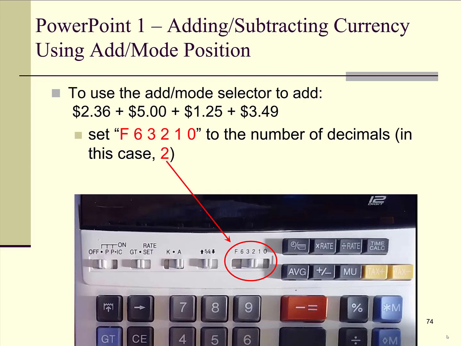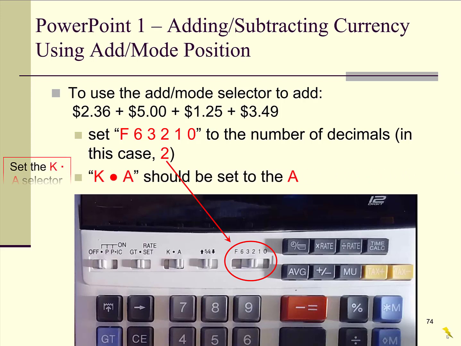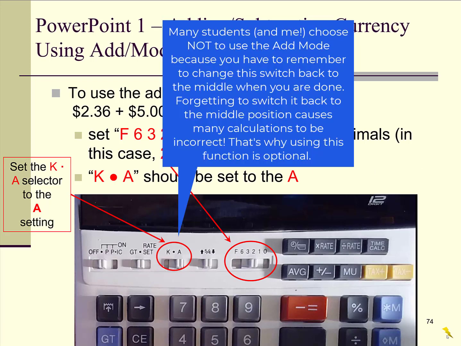Again, this tells your calculator that all of these numbers have 2 decimals. And the K.A switch should be set to the A. Now when you're done using the add mode, it's really critical that you set the K.A back to the middle. Otherwise your answers for other problems will often be wrong.